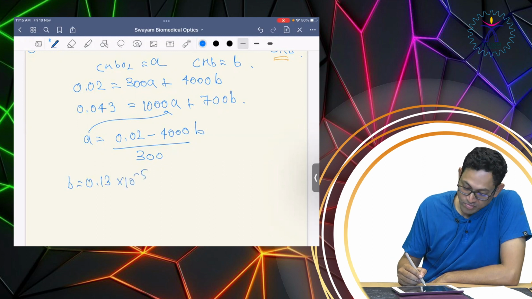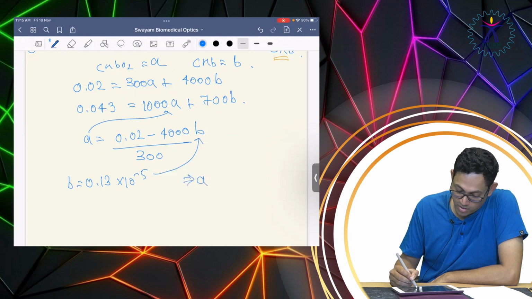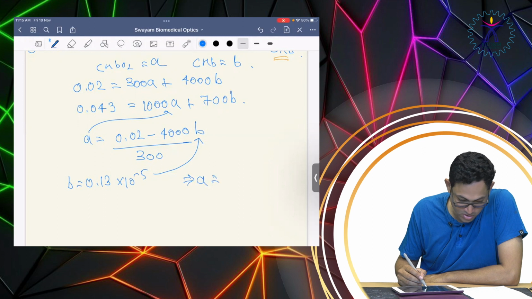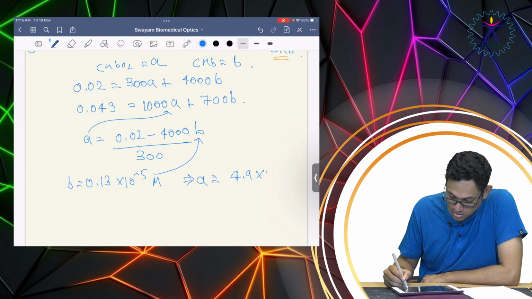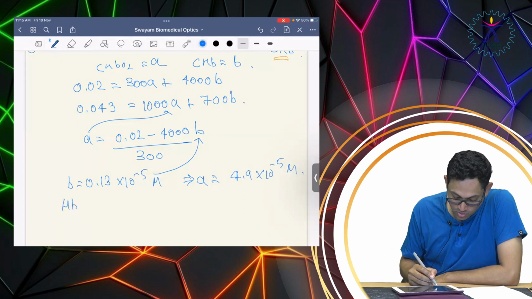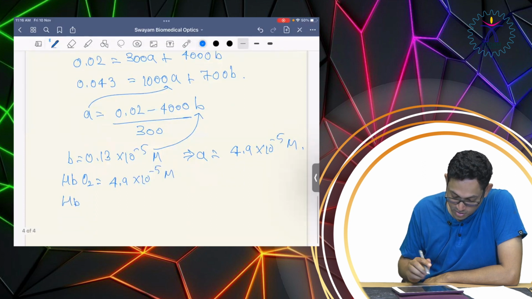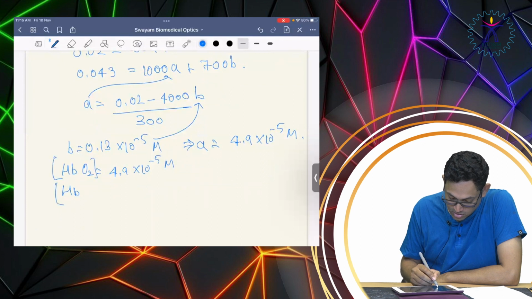Once you find B, you can put B into this equation and find the value of A. These are molars, and A is nothing but 4.9 times 10 power minus 5 molars. So the concentration of HbO2 is 4.9 times 10 power minus 5 molars, and the concentration of Hb is 0.13 times 10 power minus 5 molars.